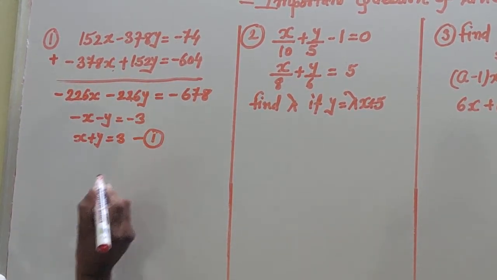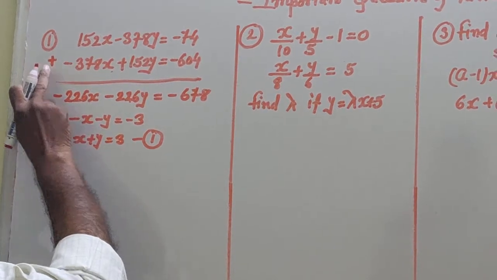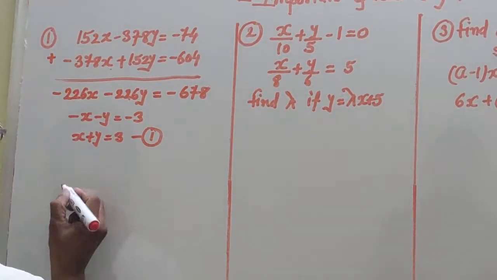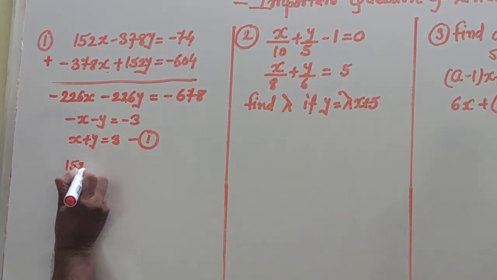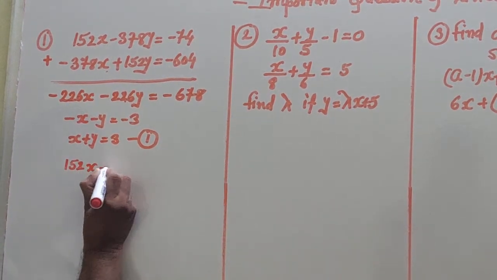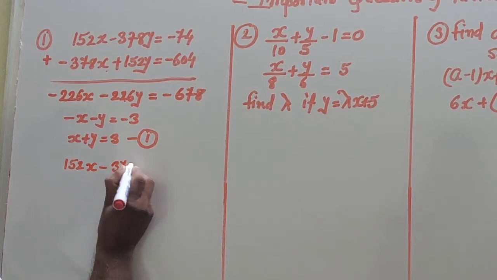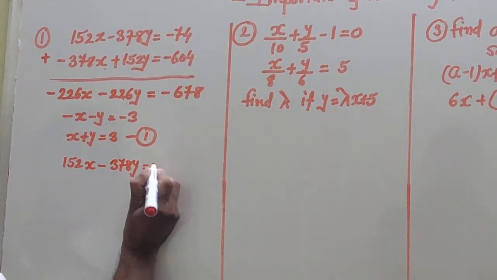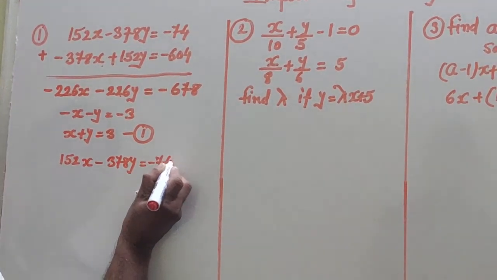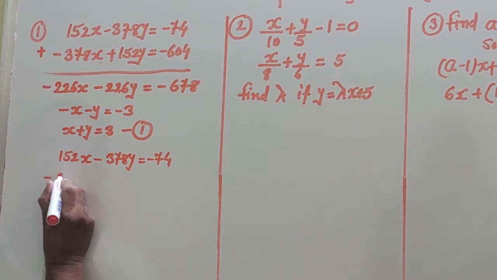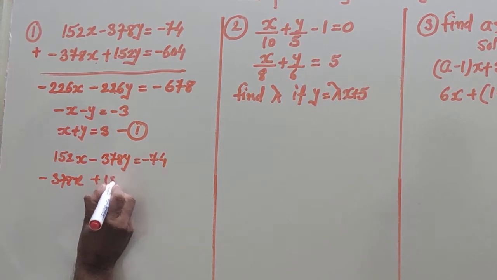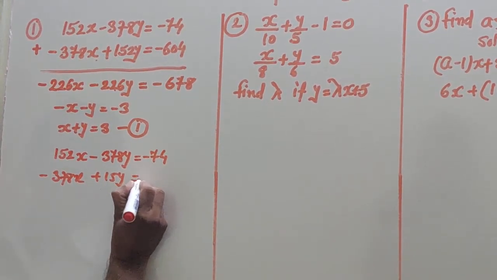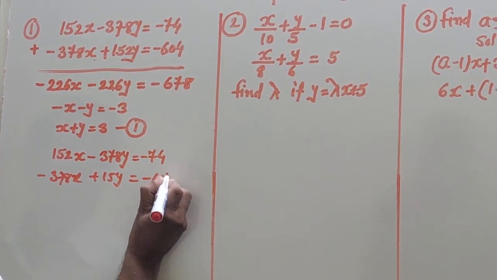In this type of problem you first add these two equations, then subtract these two equations. What will I get? 152x minus 378y is equal to minus 74, and minus 378x plus 152y is equal to minus 604.